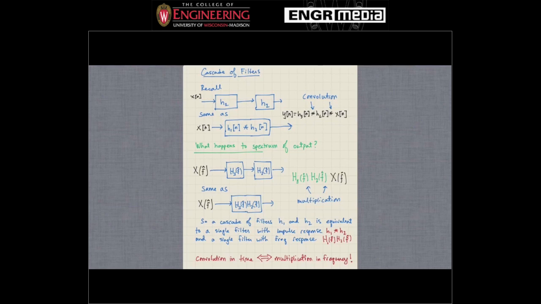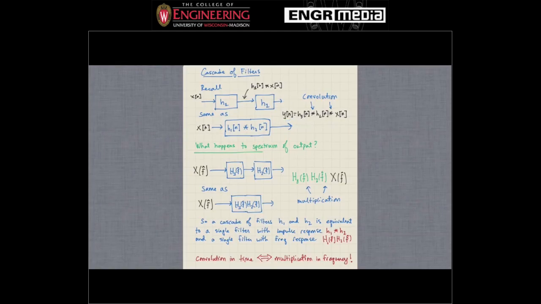And the way to remember that was the signal at this point should be h1 of n convolved with x of n, and then we could use the associative property of convolution to reorder things, and then we could show that the output was equivalent to if we just input the signal x of n into a filter with impulse response that was a convolution between h1 and h2, right? So the output here and the output here are the same, and they're both given by this expression.